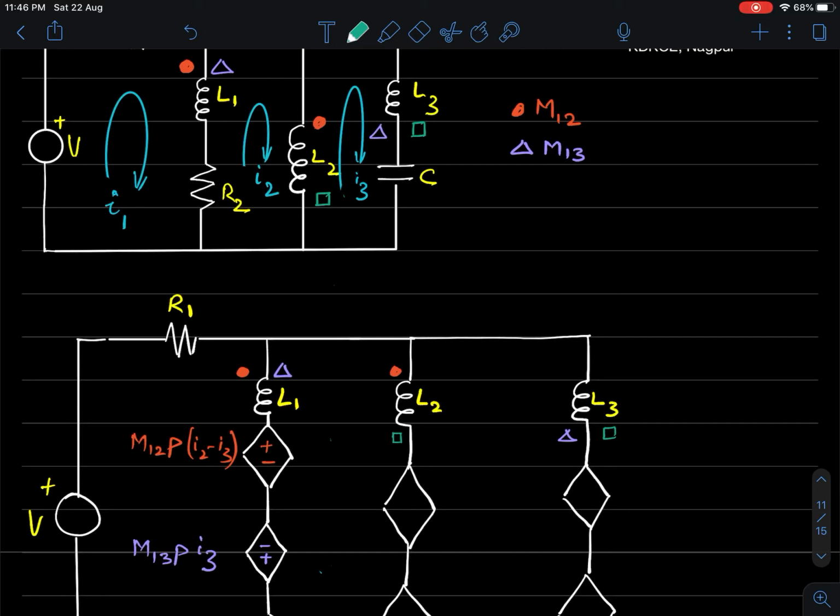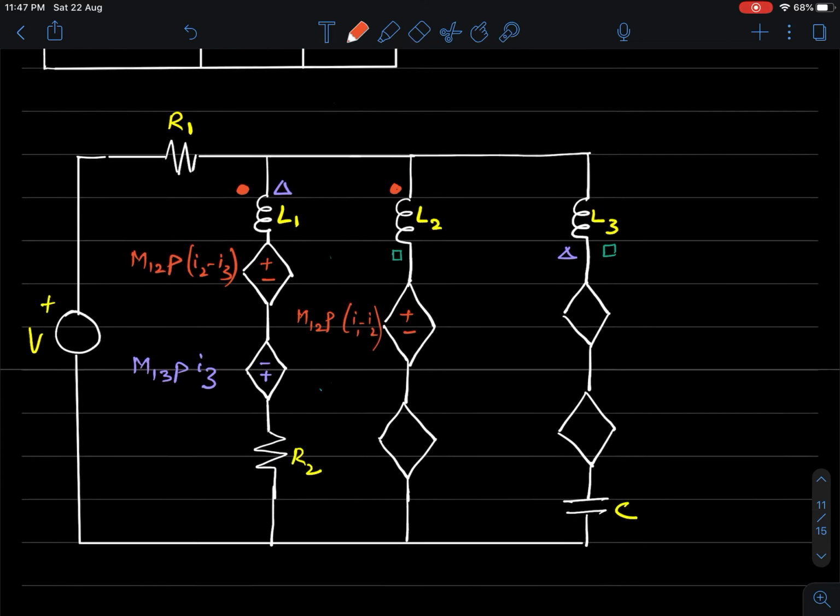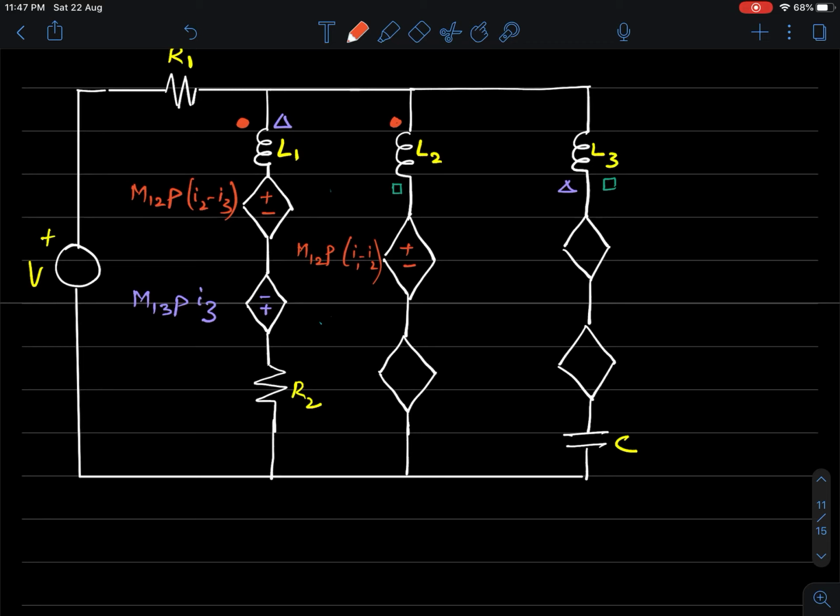The space is still insufficient, you see. This is M12P. The current I am considering is I1 minus I2. That is the mutually induced EMF.